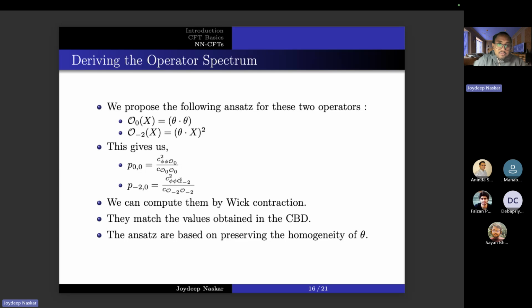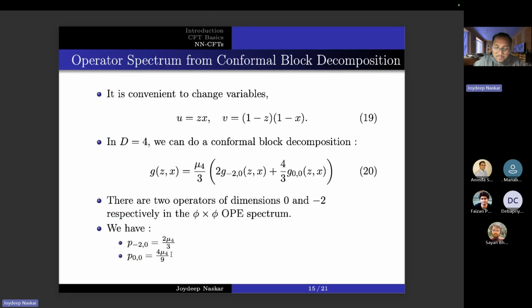And these quantities are something that you can compute by Wick contraction. And what we have here is that they match the values. If you take this, and that's for the field, then they will match the values that you have obtained in the CFT in the previous slide.